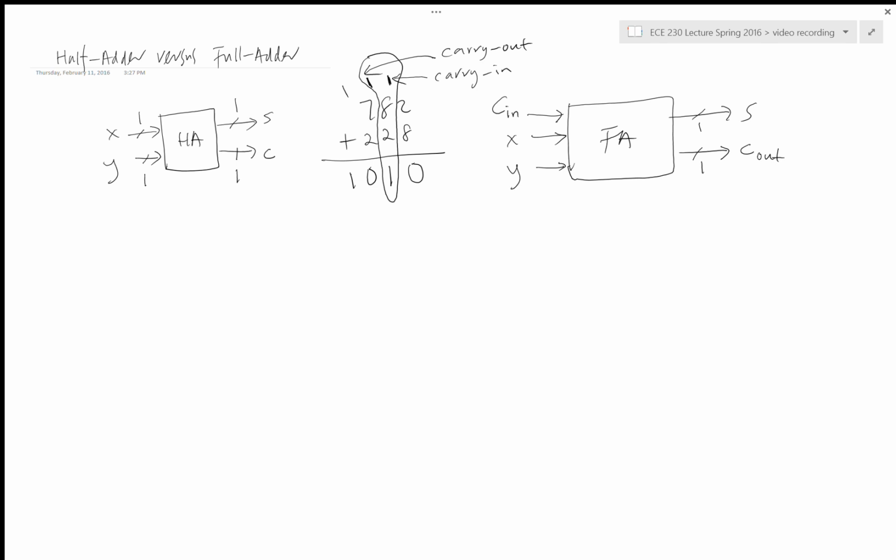So how do we design the logic that goes in here? What is the logic that goes in the box? If you look at it, C in, X, Y, C out, and S, what we basically have is 3 inputs, with C out and S as outputs.